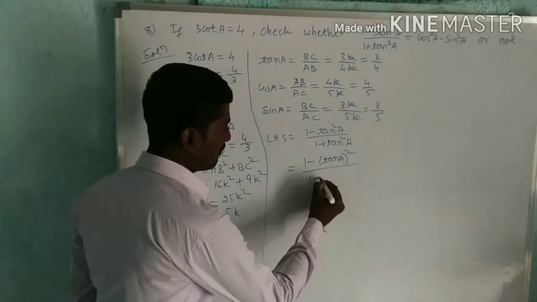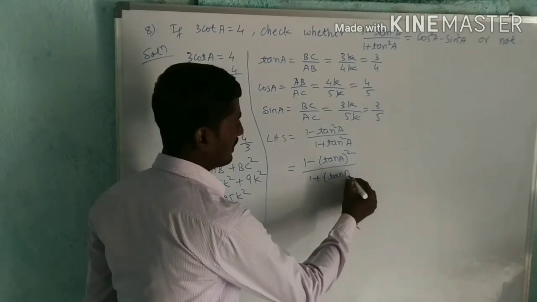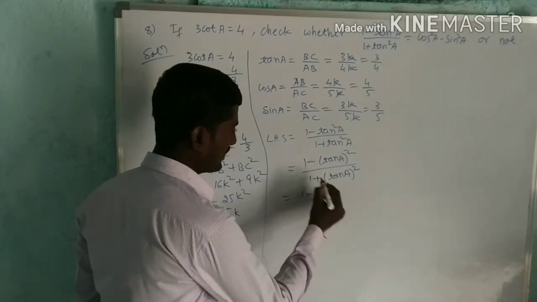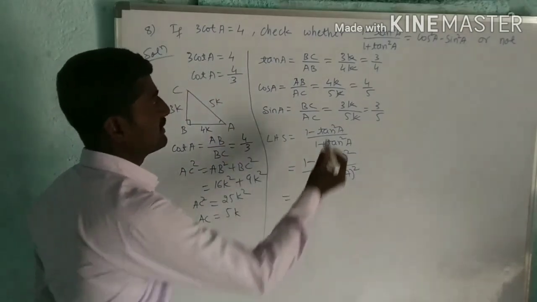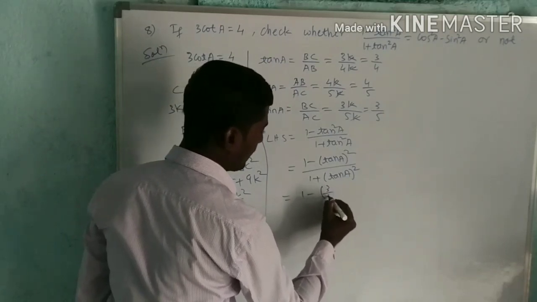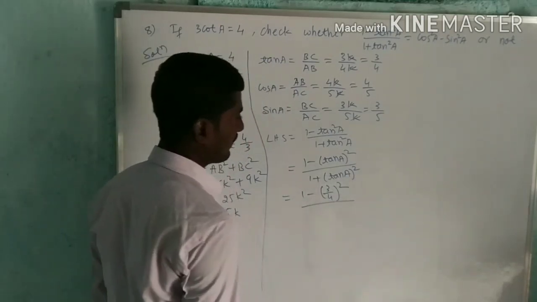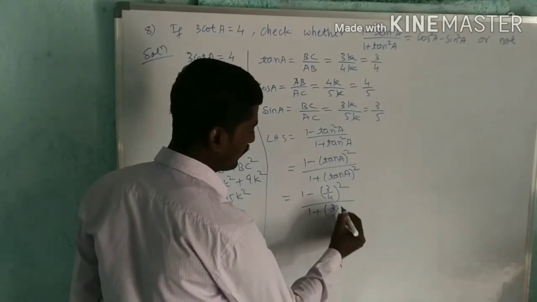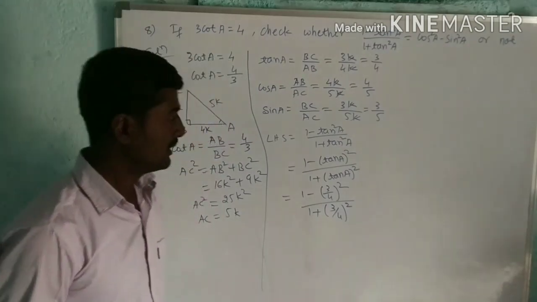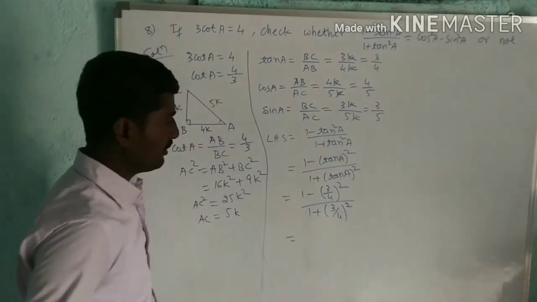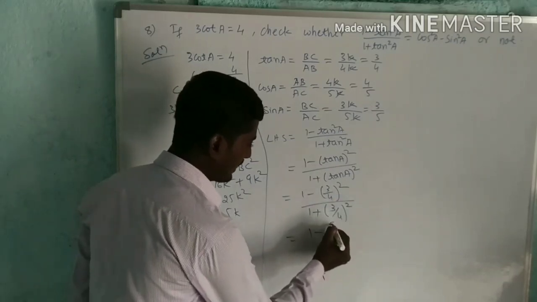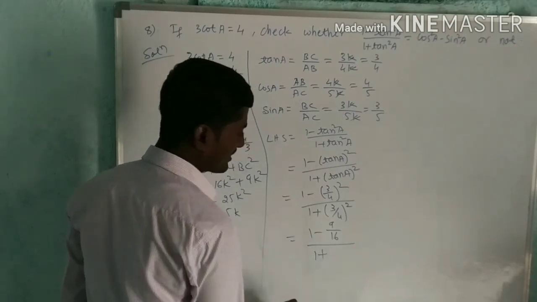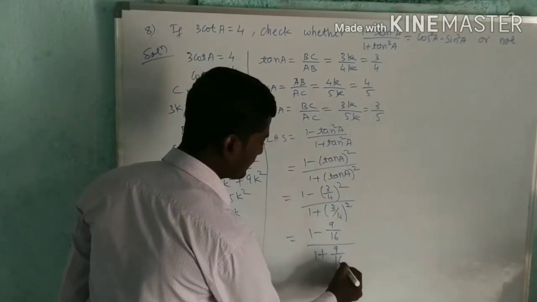Substituting the values, 1 minus (3 divided by 4) square, divided by 1 plus (3 divided by 4) square. Okay, now this is equal to 1 minus 3 square, it is 9 divided by 4 square 16, whole divided by 1 plus 9 divided by 16.